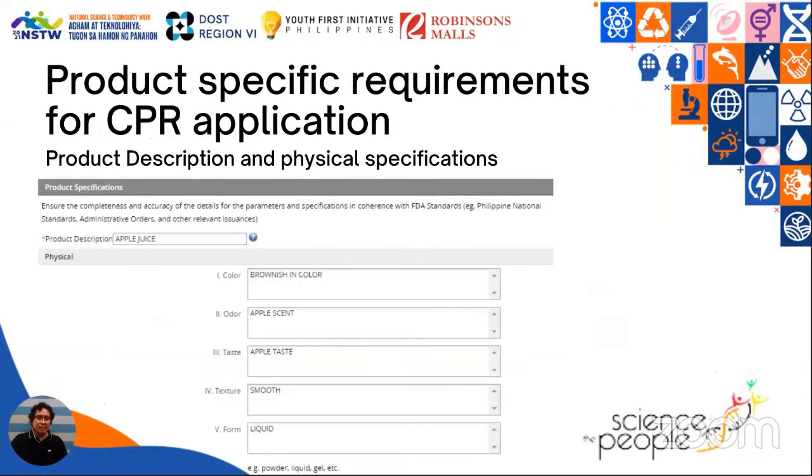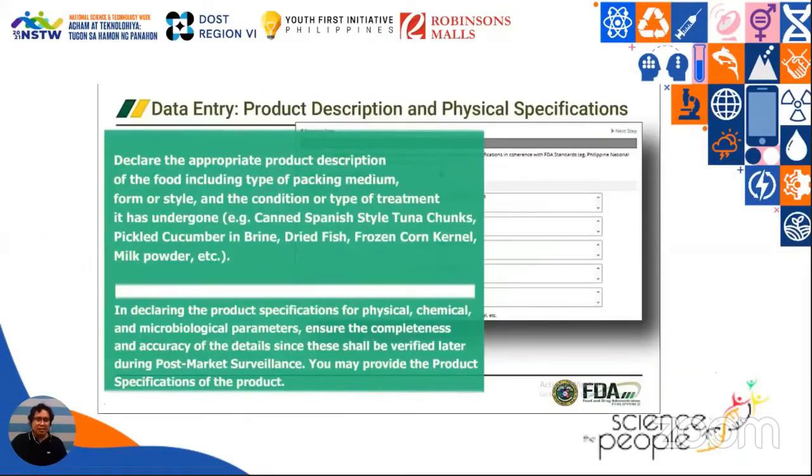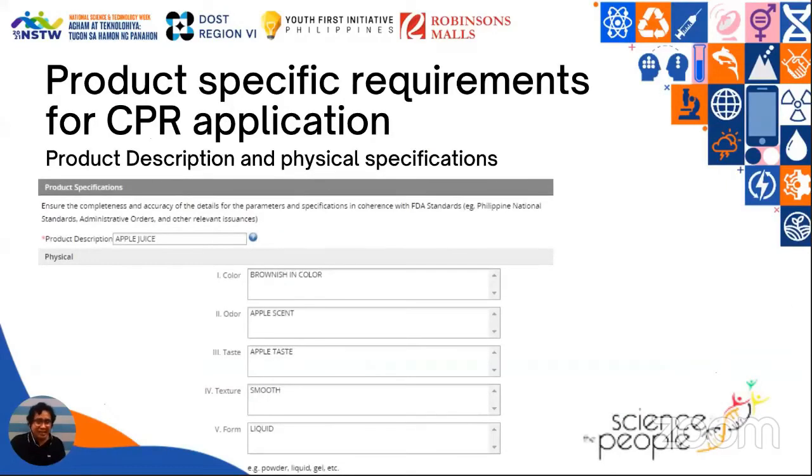And then we also have here product description and physical specifications. So you also have to clearly describe your product. I-describe mo din yung kanyang physical attributes.